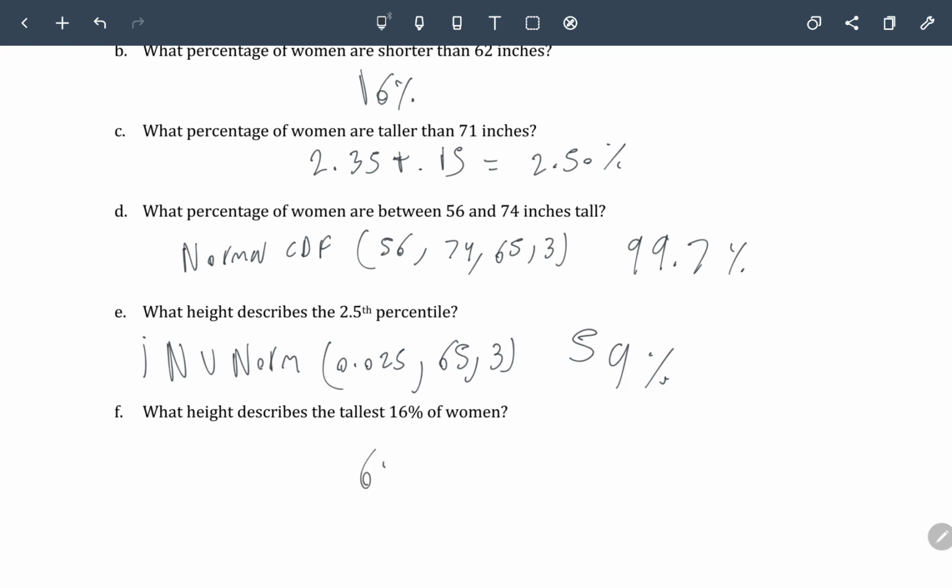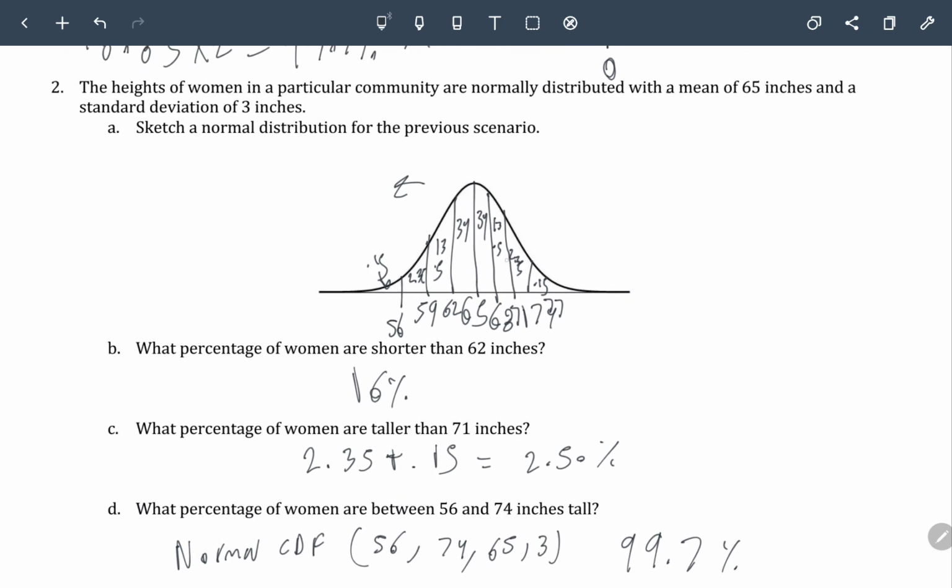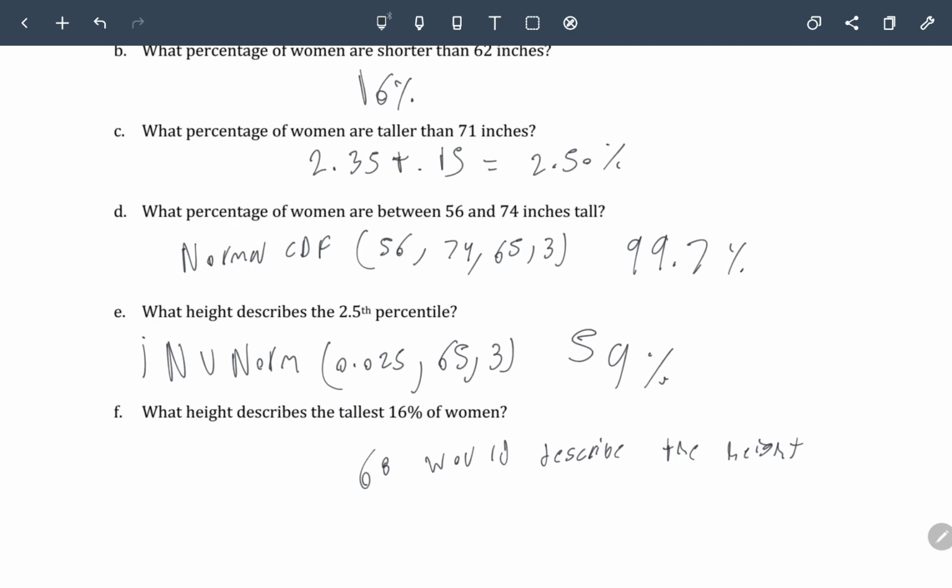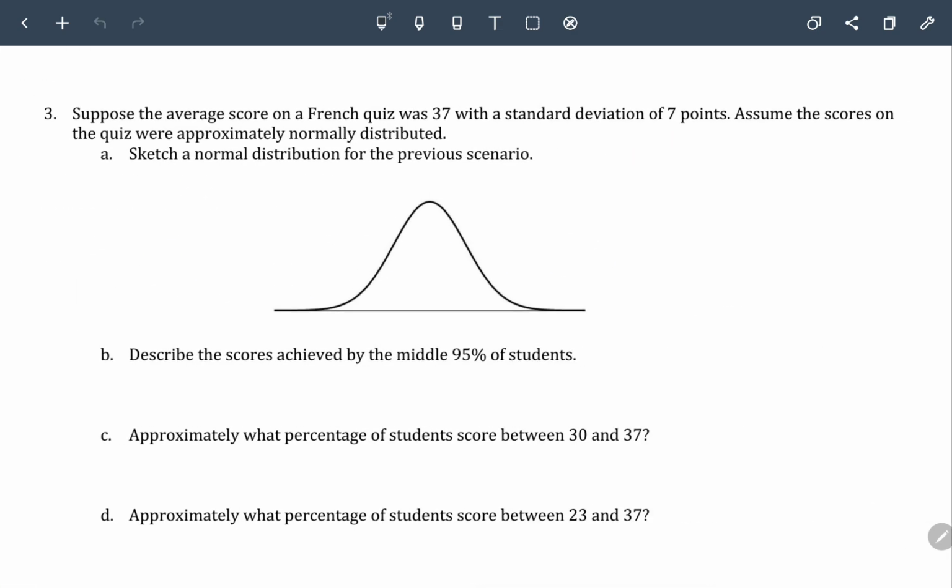So that would just be 68 inches. Wait, inches? Yes, just 68. 68 would describe the height, because it's the top 16%, which is 68. All right, on to the next example.